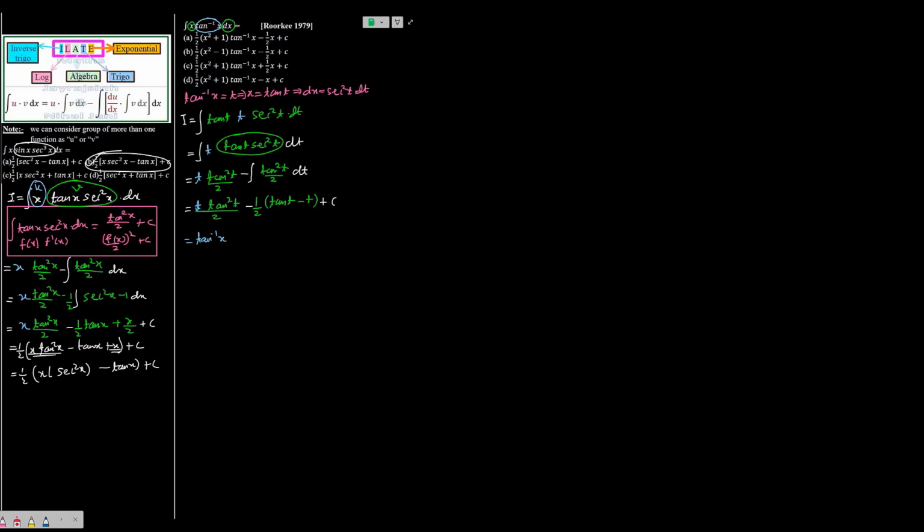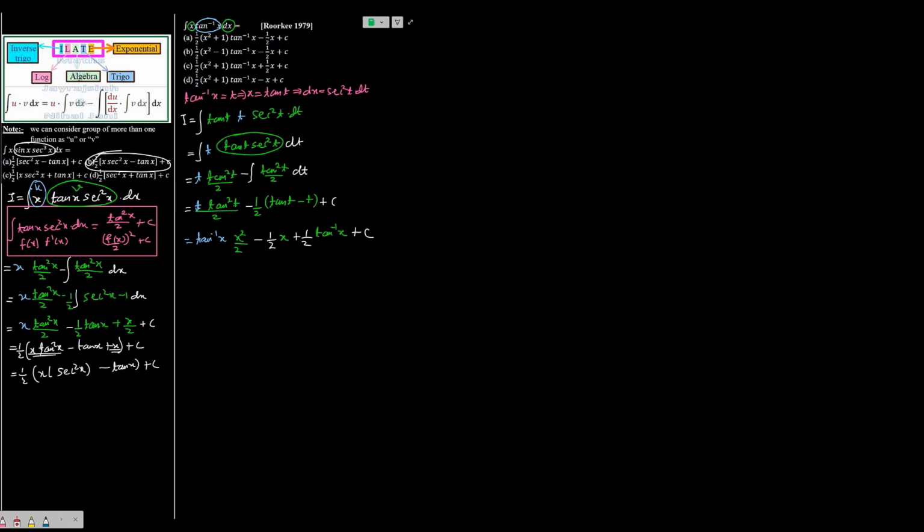Tan square t will be x square by 2. In the second term, 1 by 2 as it is. Tan t will be x, and minus minus becomes plus. 1 by 2, t will be tan inverse x plus c.